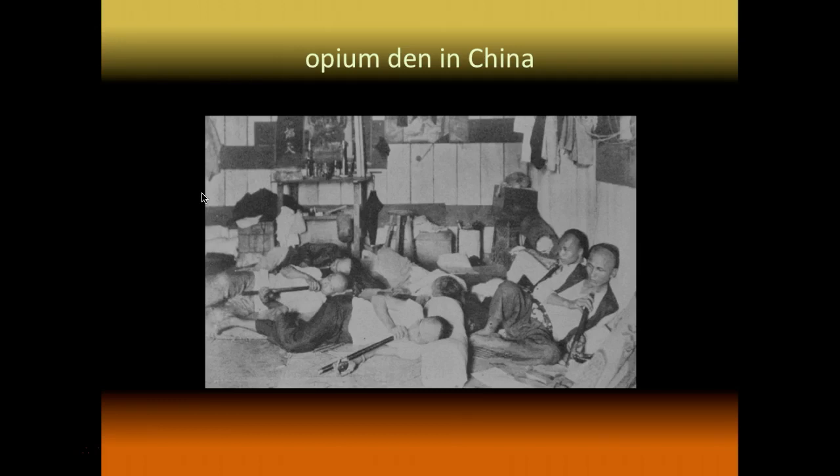And this led to a massive outflow of silver from China to the British to pay for opium.